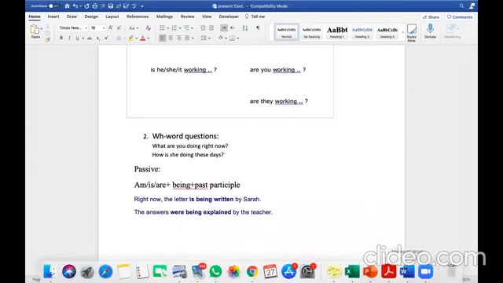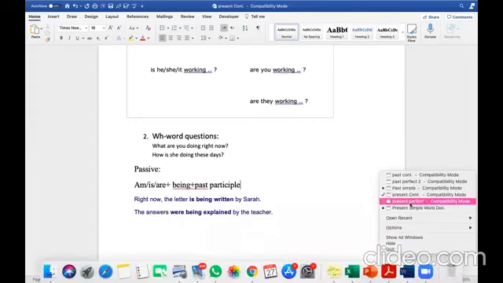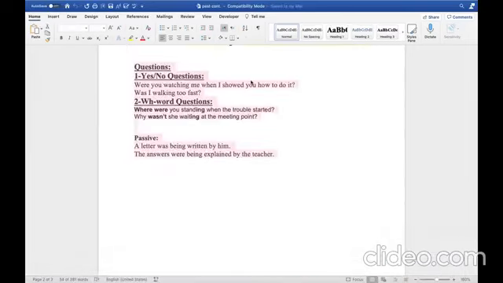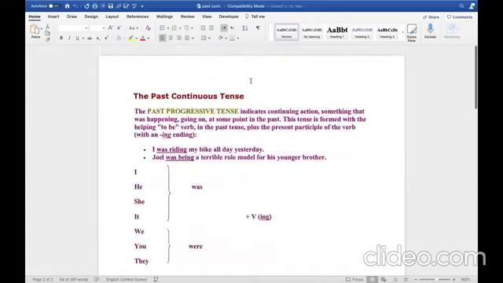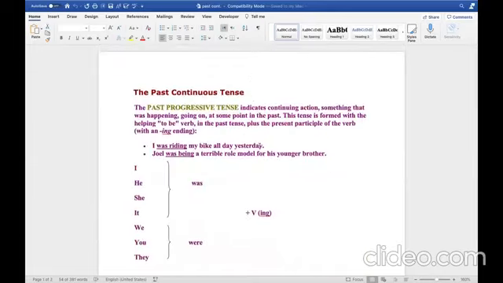For the past continuous, it's the same. We have an action that took some time in the past, like, for example, I was riding my bike all day yesterday, or Joel was being a terrible role model for his young brother.